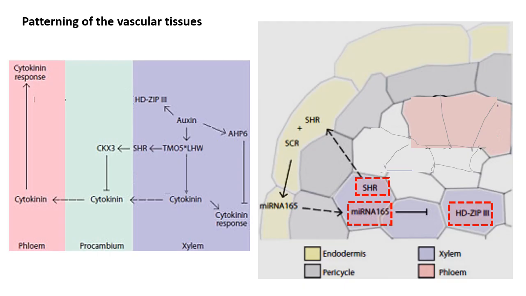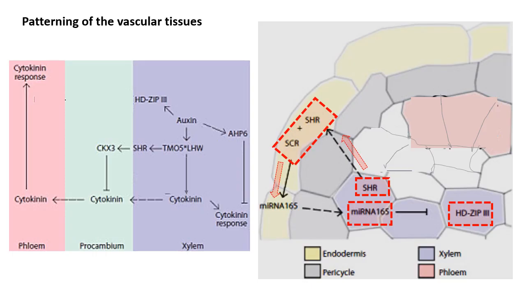The Short Root protein, that is SHR, which is expressed in the stele region, diffuses to the endodermis, where it dimerizes with the Scarecrow protein to induce the expression of miRNA 165, as you can see here. The microRNA diffuses into the stele and degrades the mRNA of HD-ZIP3 transcription factors, causing a gradient of these transcription factors with the maxima in the center.